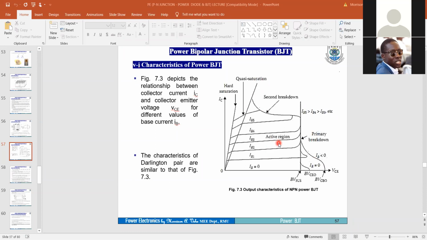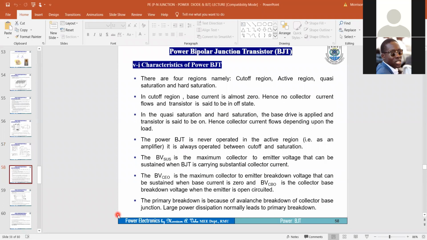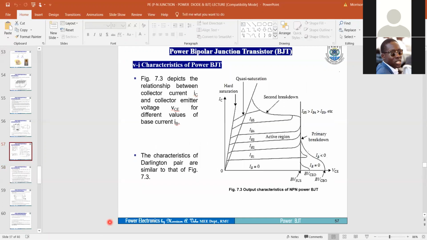You also have some level of breakdown. So let's quickly describe this in the next slide. There are four regions. You have the cutoff region, which is basically your region where your base current IB is virtually zero.